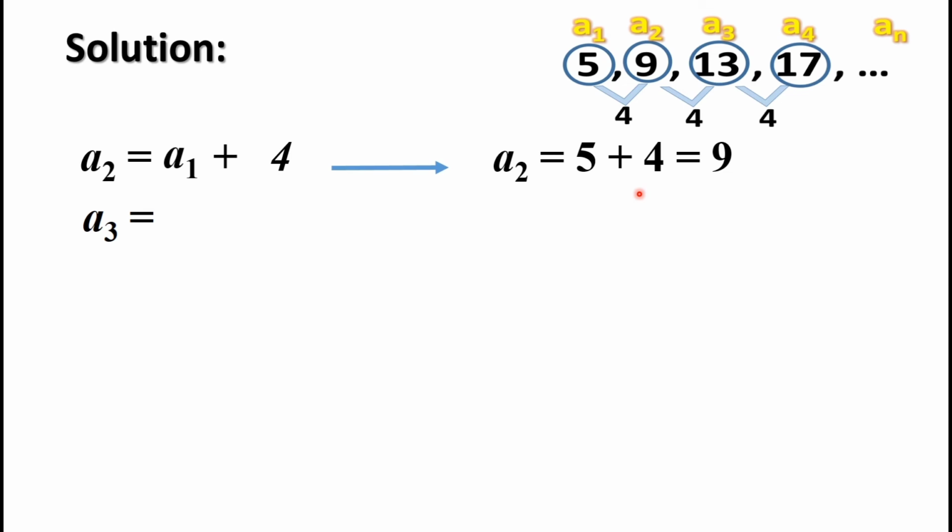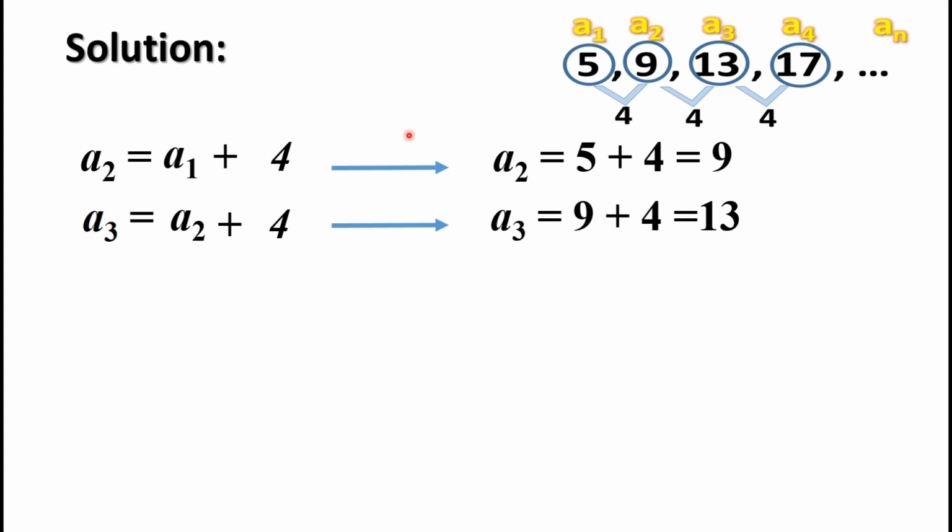How about a sub 3? What is the term that precedes a sub 3? Very good. That is a sub 2. So we have a sub 2 plus 4. Substitute your a sub 2. That is 9 plus 4, that is equal to 13.